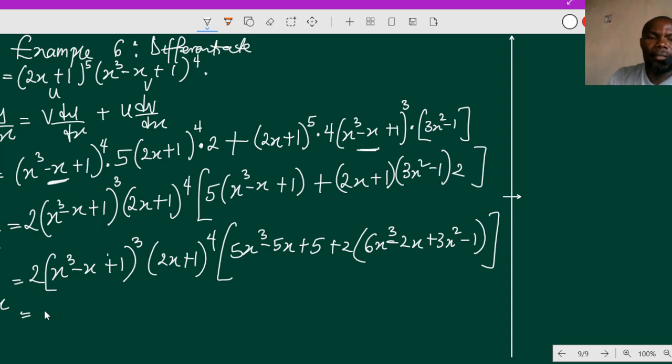So you write again to have 2 onto (x cubed minus x plus 1) onto 3 onto (2x plus 1) raised to power 4.